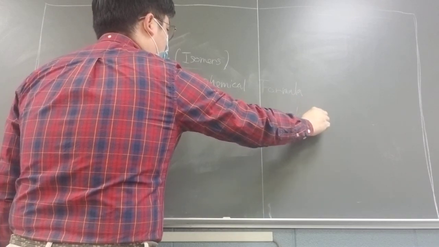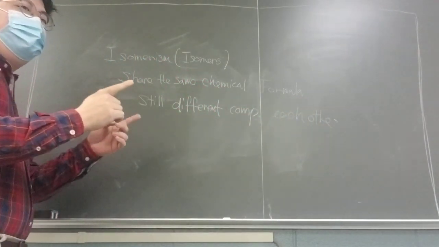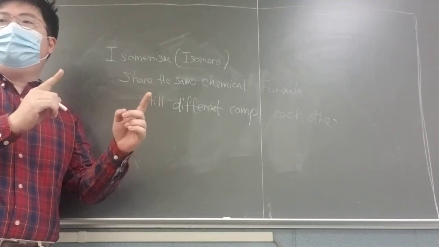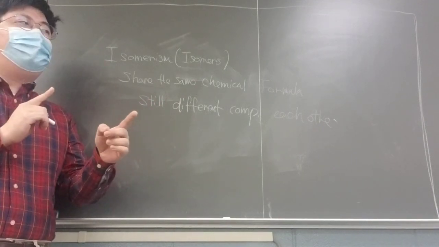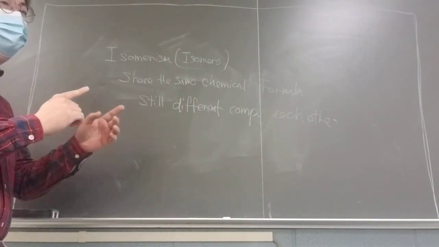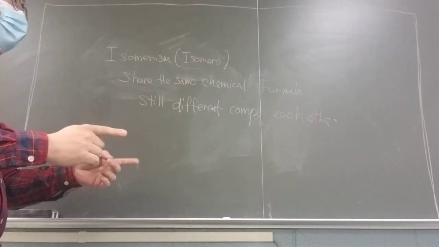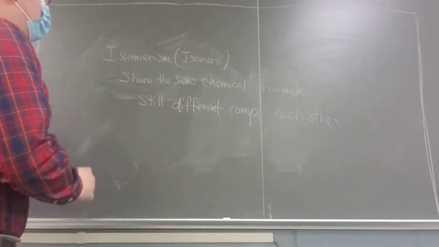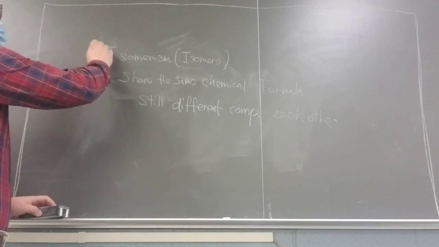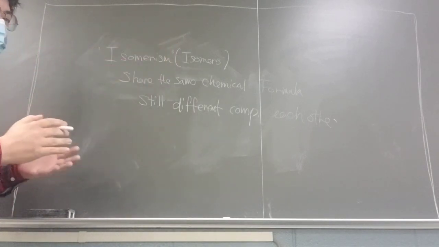Meaning even though two compounds share the same chemical formula, they're not always the same compounds, because they could differ in structure or chemical bonding and so forth. Okay, so this is just the basic idea about isomerism.